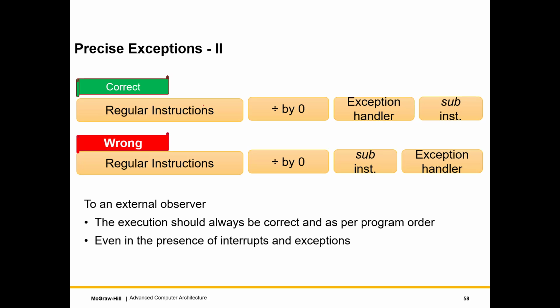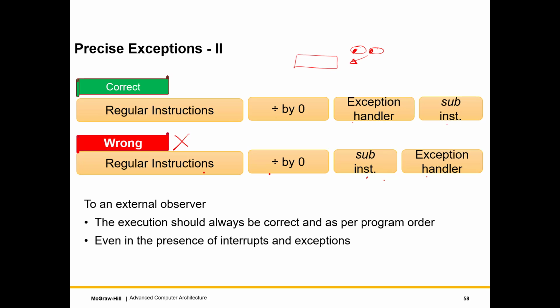What do I actually mean? I mean that externally, if this is the processor and I have a pair of eyes looking at it externally, they should see this order: the regular instructions, divide by 0, exception handler, and the subtract. They should not see this order, which is regular instructions, divide by 0, the subtract, and then the exception handler.